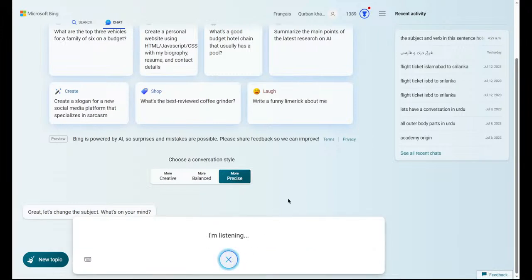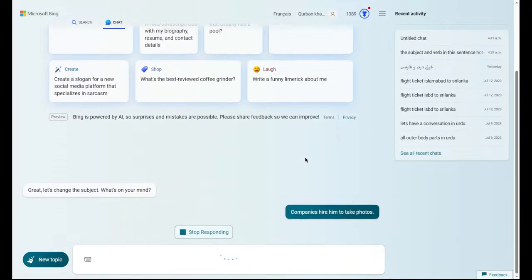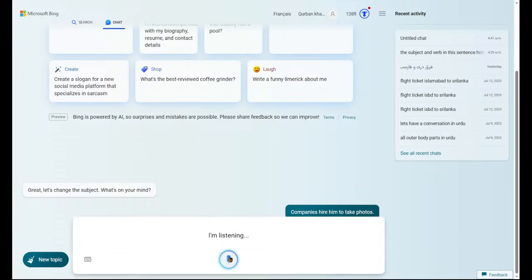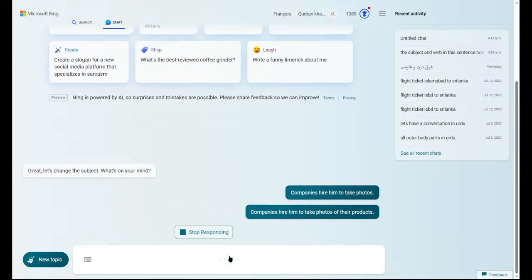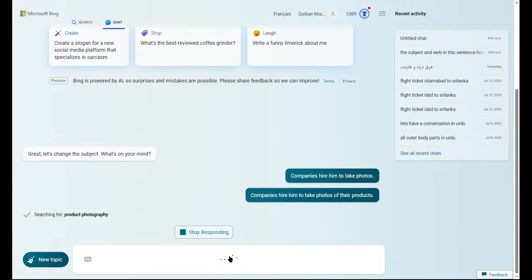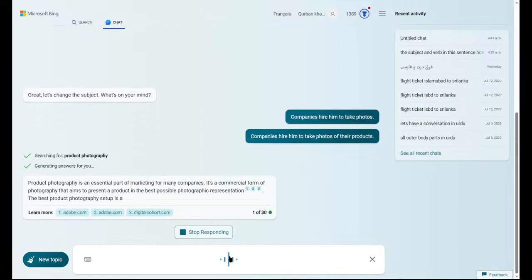Let's start back again. Companies hire him to take photos of their products. Searching for product photography.